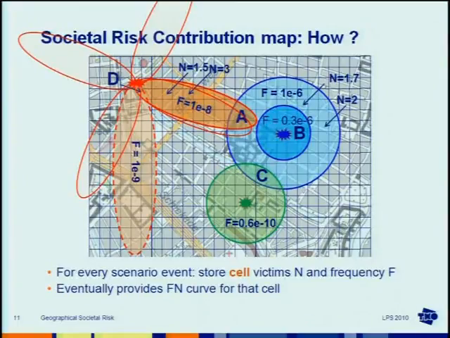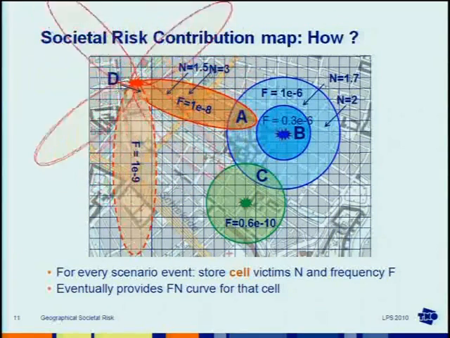If you have different installations on your site, you have a vessel in the north side and a south side, and another one in another place, you're looking at the risk that is affecting a specific cell. So for every cell, we store the possibility of this event hitting the cell and the number of victims that are hit.